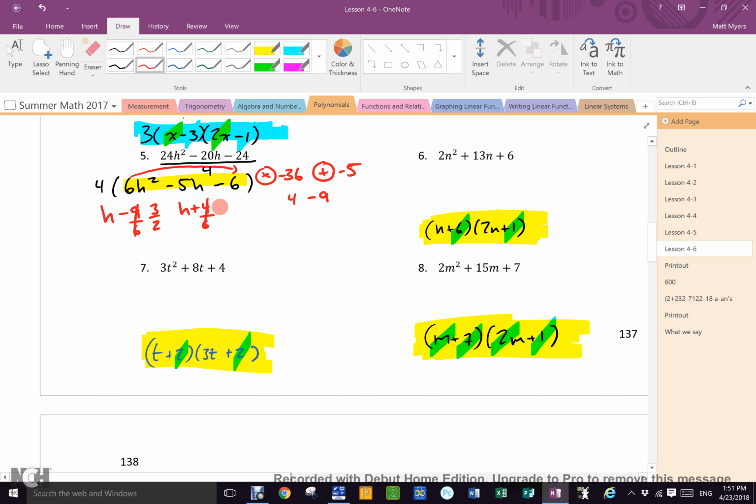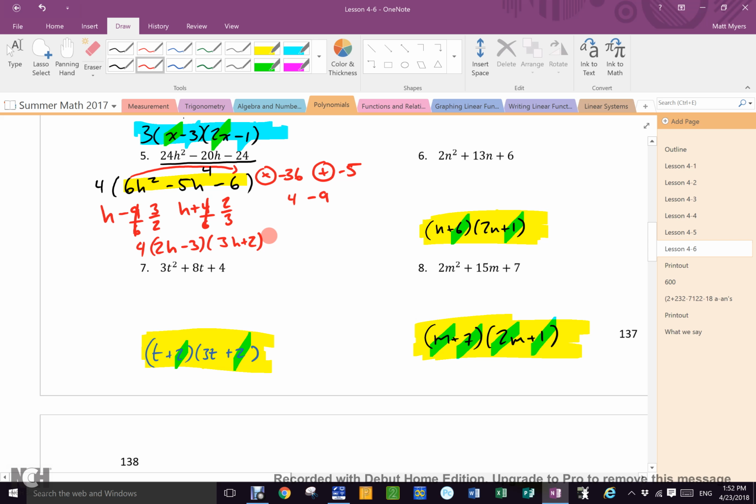I get 2 over 3, right? Now, what do I do with the denominator? Moves to the front. We just did it. Moves to the front, 3h plus 2. And I had this 4 left over from the very beginning. And now it is done.